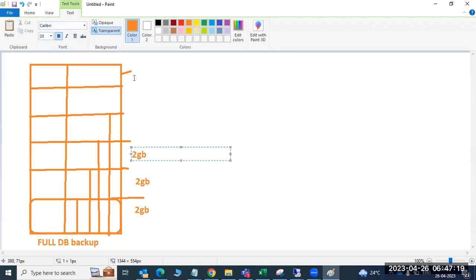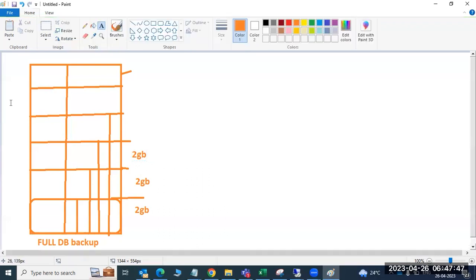When you take the Sunday backup, the size of the database backup is this much of data. That's fine. So we have to take the full DB backup. But recovery time, I will explain which is the best method.